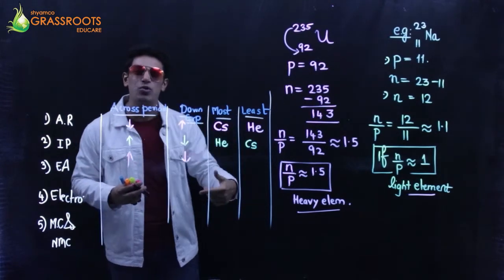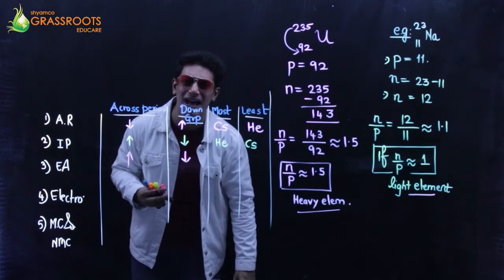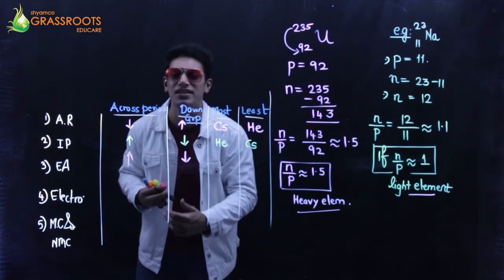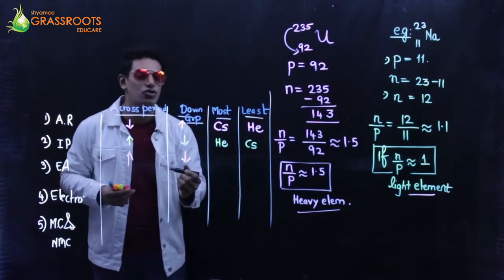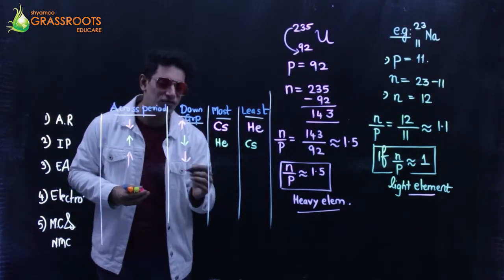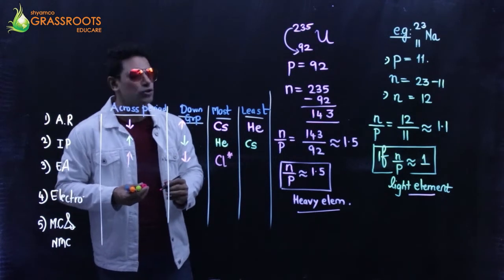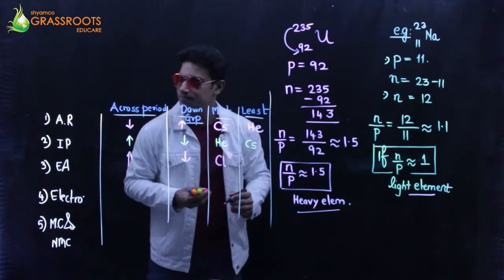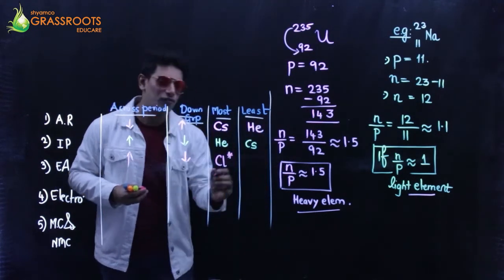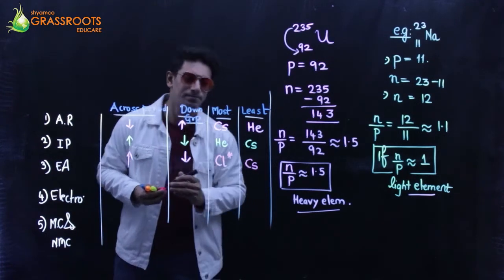Yes, but we know there was an exception in this example. There was an exception in this answer, and the answer is not fluorine, it is chlorine. We have studied about this. I'm just putting an asterisk here to indicate this was an exception. The least electron affinity, cesium again.